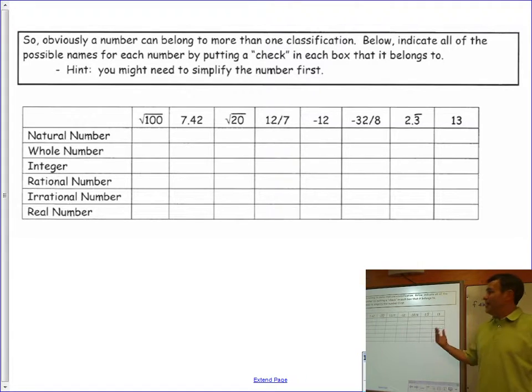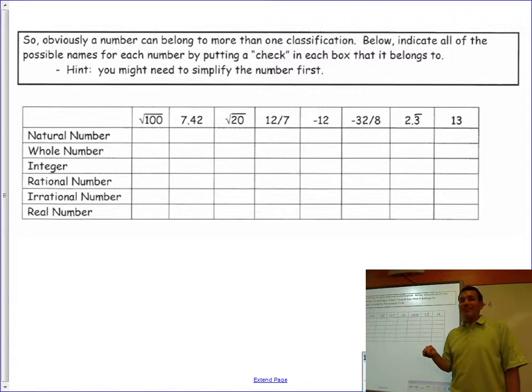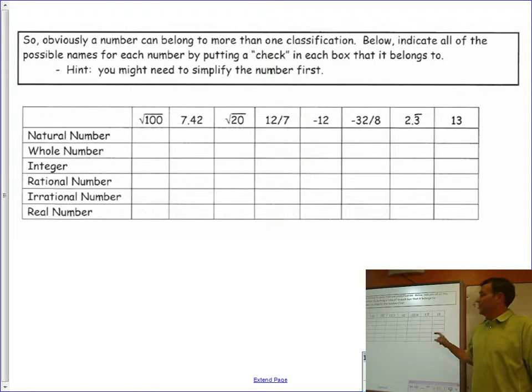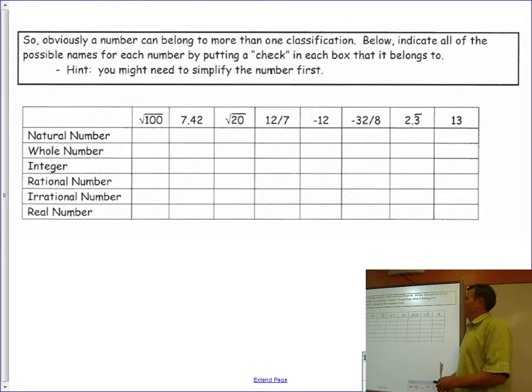So I wrote, obviously a number can belong to more than one classification. That's a fancy word for groups. Below, we want to identify all the groups that each number belongs to by putting a check in the box of each category. And I put a hint there. You might want to simplify it first.